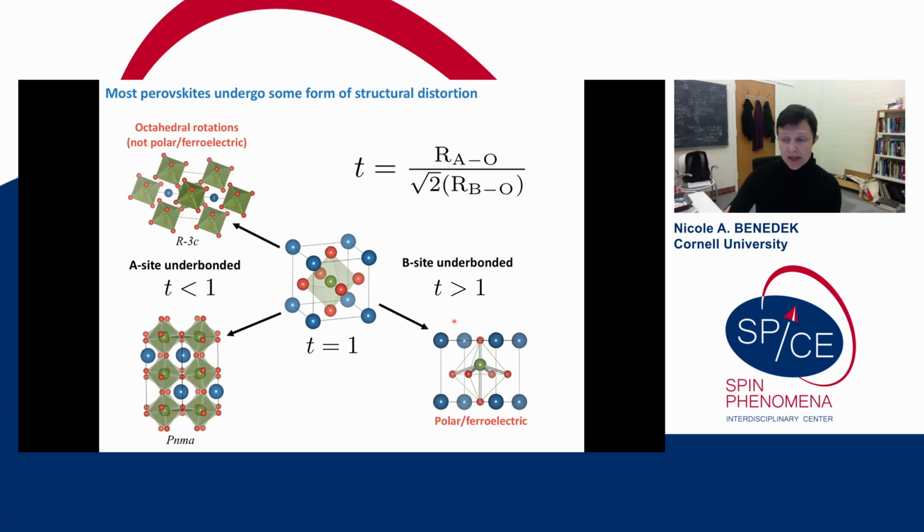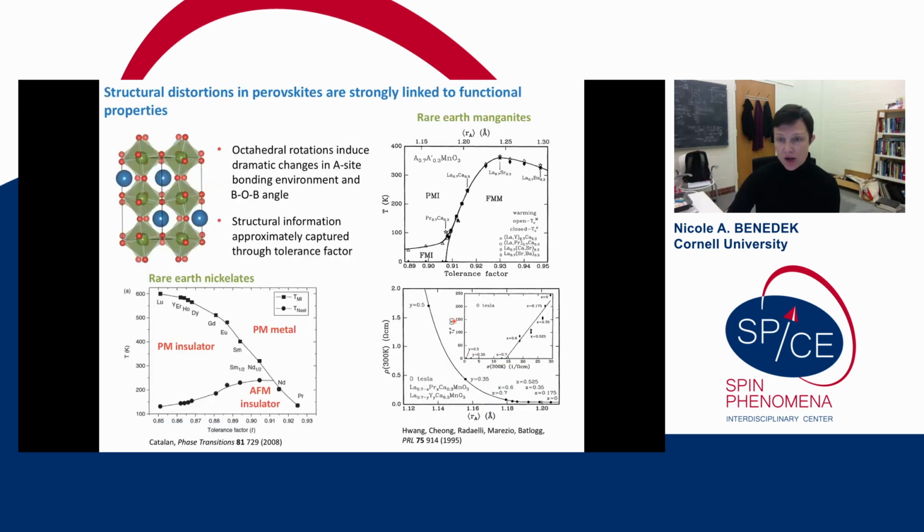So we care about these structural distortions because they can have a huge effect on the properties of perovskites, and indeed we can exploit these distortions to create functional materials. For example, octahedral rotations, it's well known, have a very significant effect on the electronic and magnetic properties of perovskites.